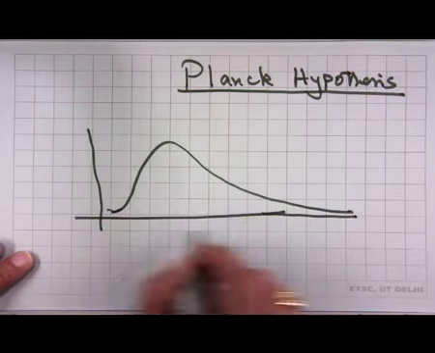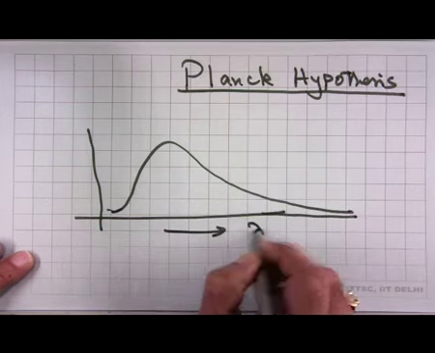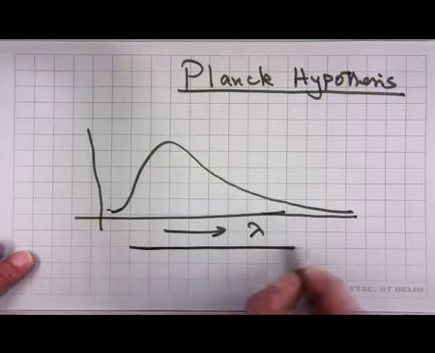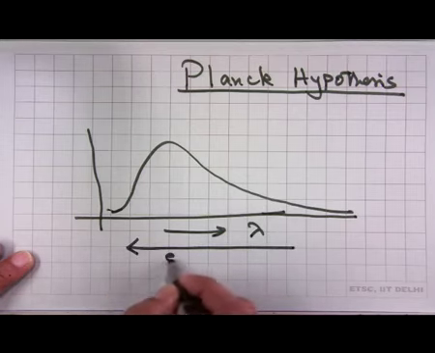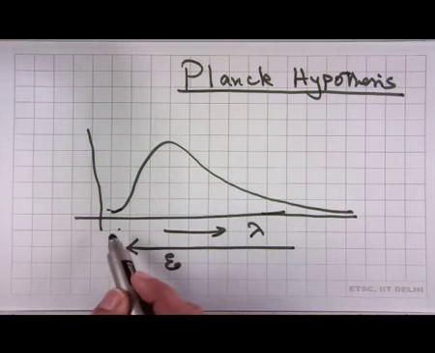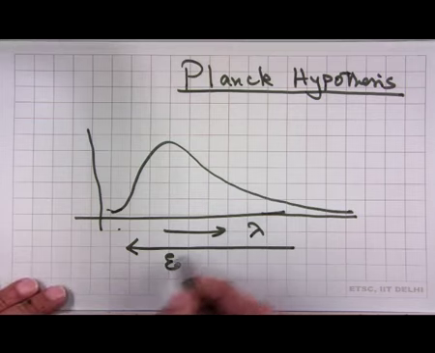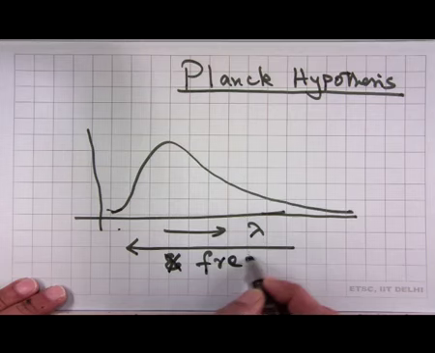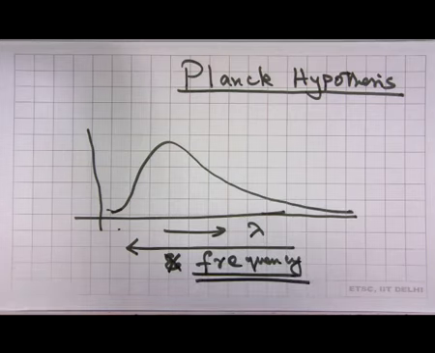So this is my increase in wavelength, or this is my increasing energy, because as I move in this direction, my wavelength decreases, my frequency increases, so increasing frequency. I should not use the word energy, frequency. That is what I have.